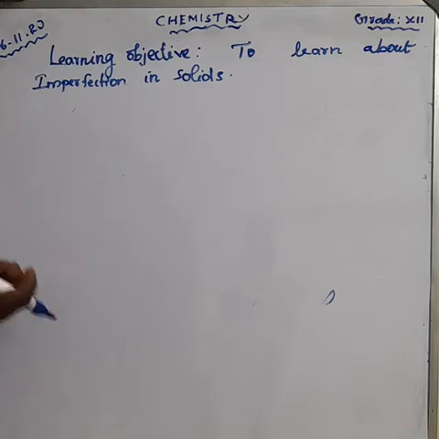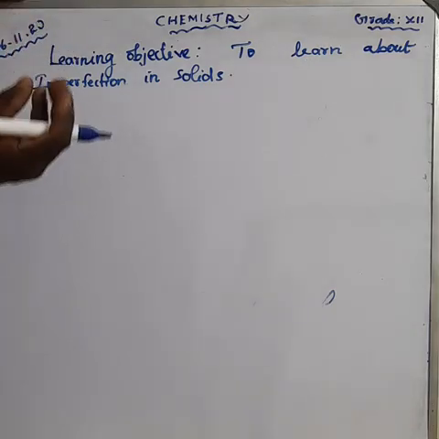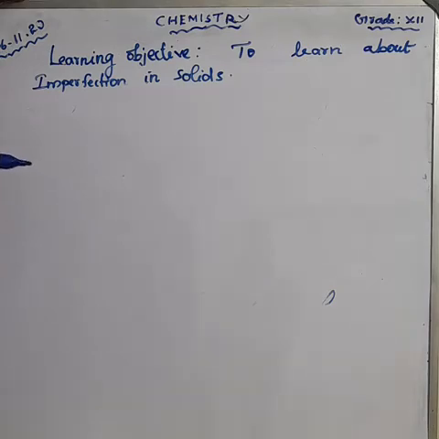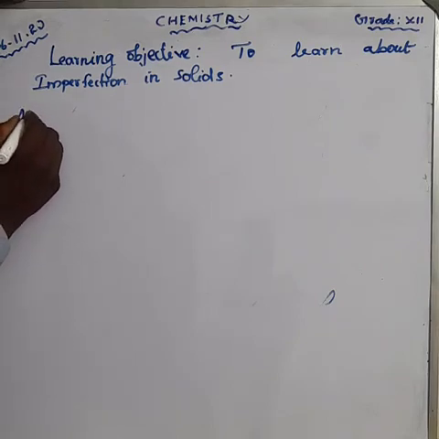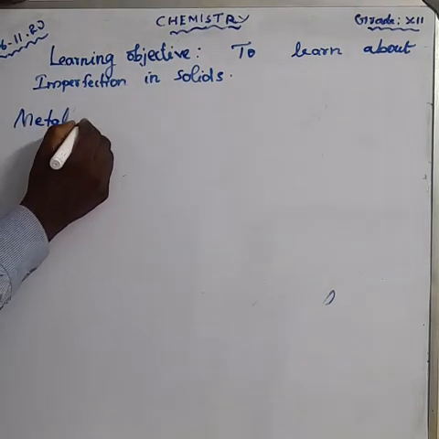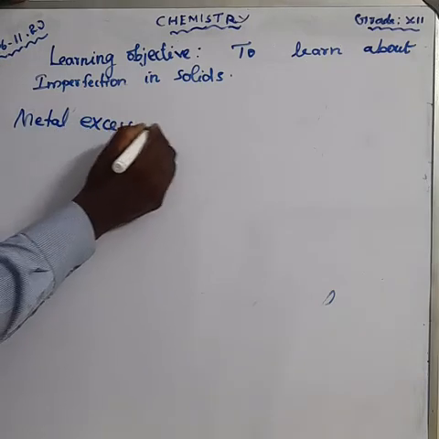Here Na plus ions are in excess, and the color is brown. So we say sodium is in excess. We call it metal excess defect.